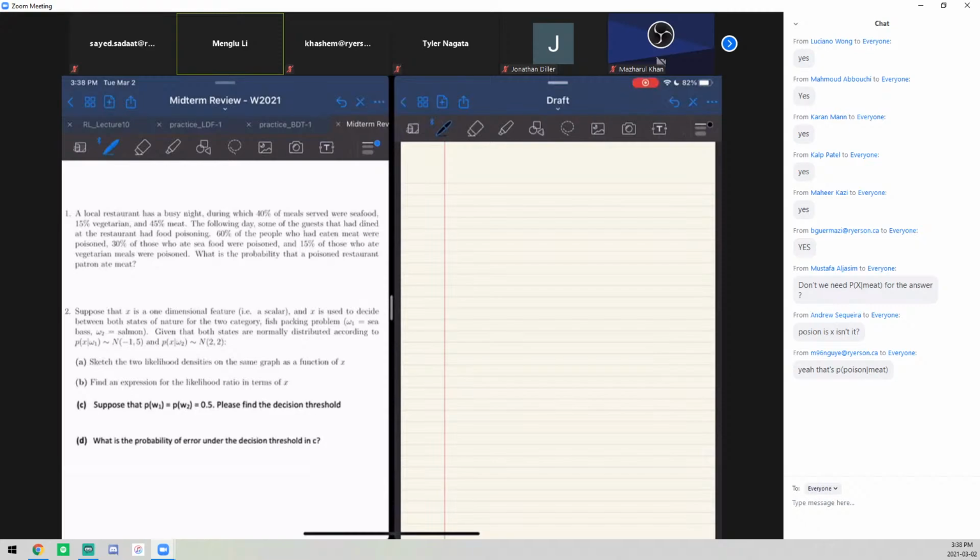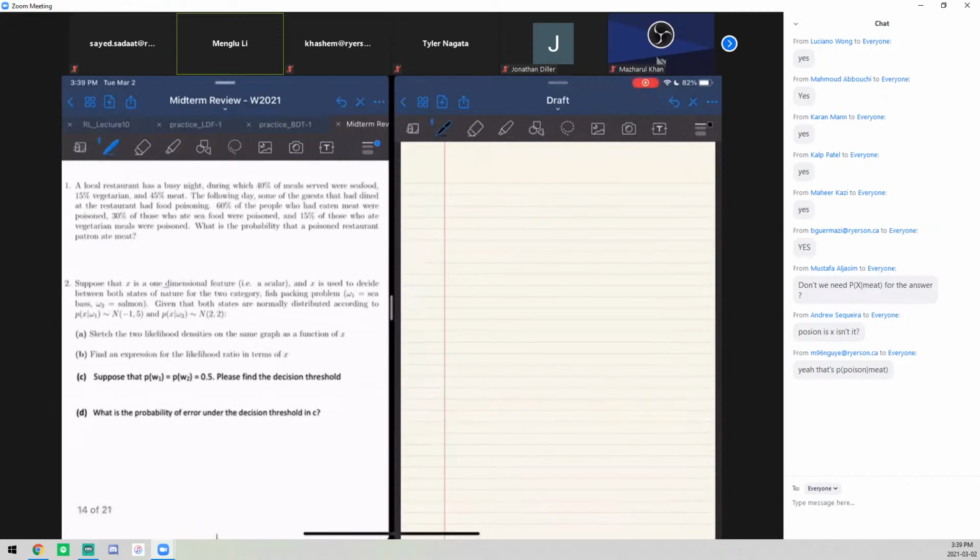Okay, next one. Suppose X is a one-dimensional feature, and we want to design a classifier. It gives us a Gaussian, so we know it's a 1D Gaussian.